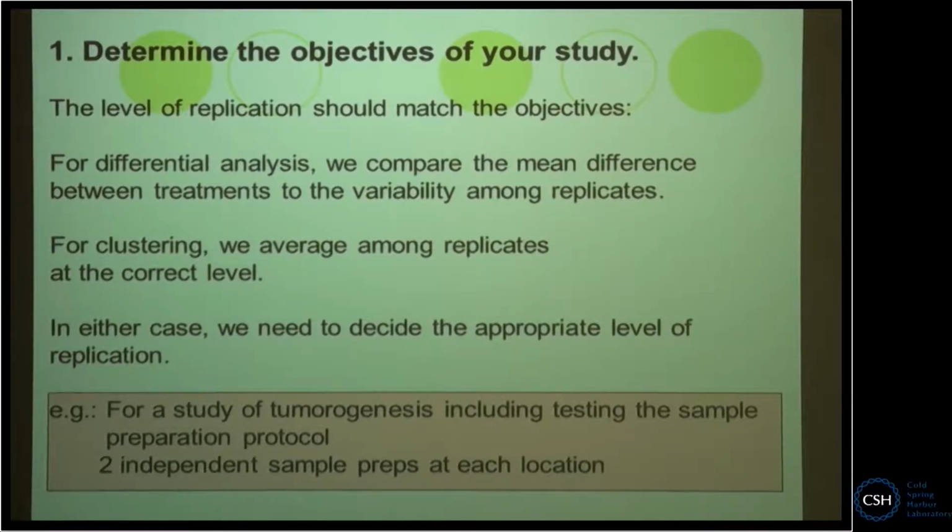On the other hand, if we're not sure how to prepare our samples for our measurement instrument, we might want to look at 2 different sample prep protocols. That's technical replication. So on the de novo transcriptomic projects that I was on, we did a bunch of technical experiments with only technical replication because we needed uniform covering of the transcriptome, because there was no reference, because it's de novo.